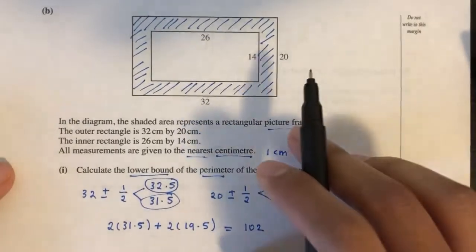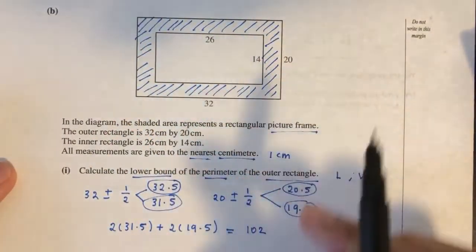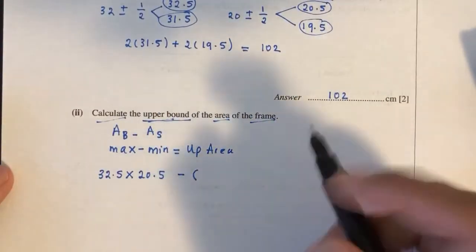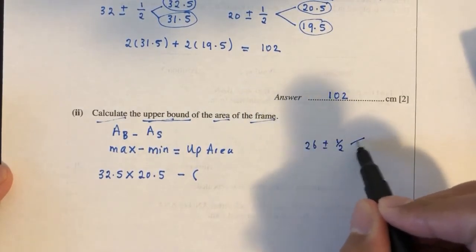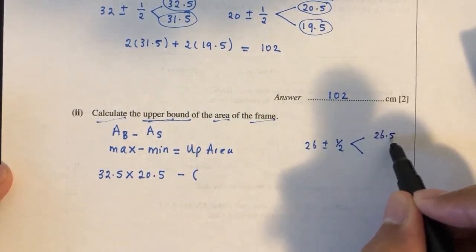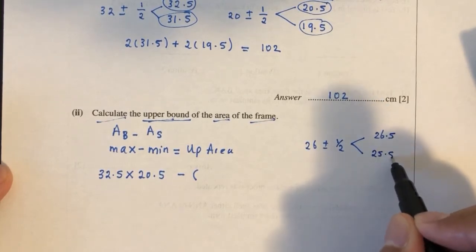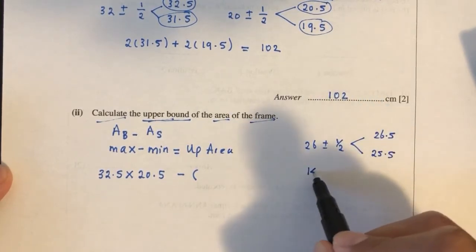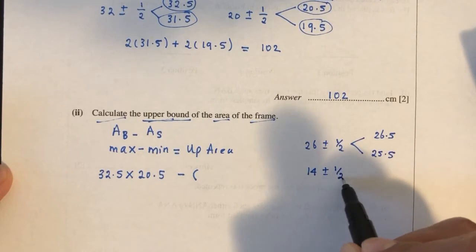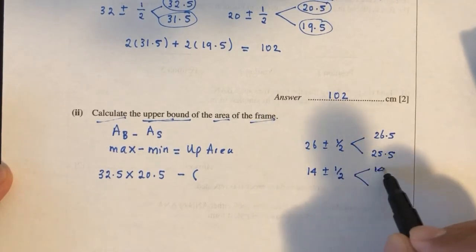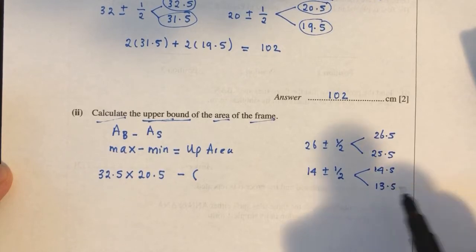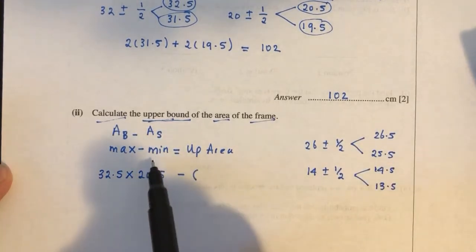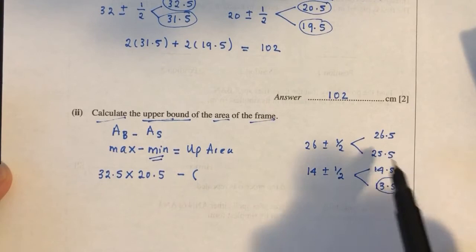For the small one, they have different length and width. So let's do that again. For the length, 26 plus minus 1 over 2, that will be 26.5 and 25.5. And for the width, 14 plus minus 1 over 2, that will be 14.5 and 13.5. So for the lower bound minimum, that should be this one and this one.